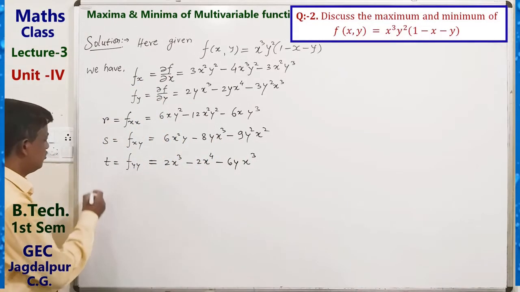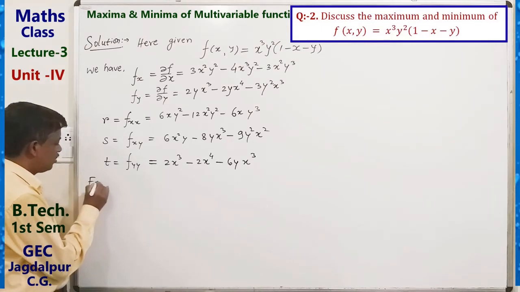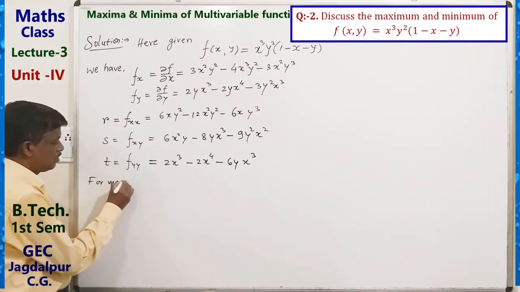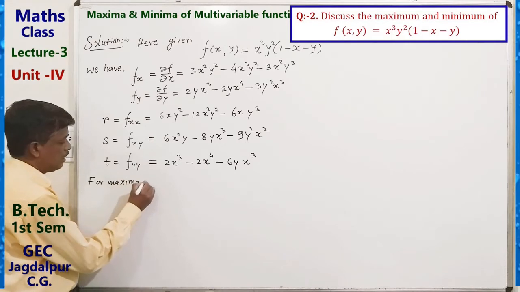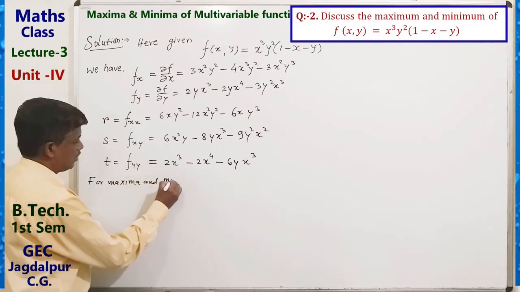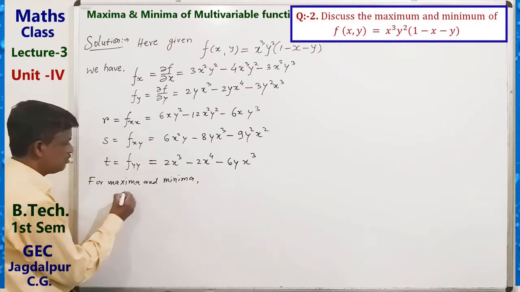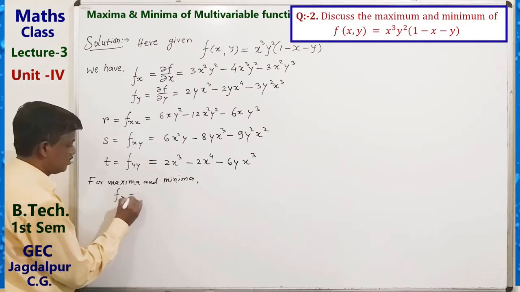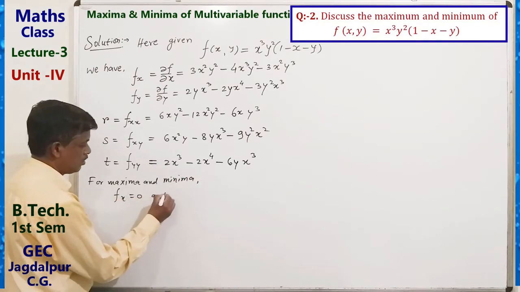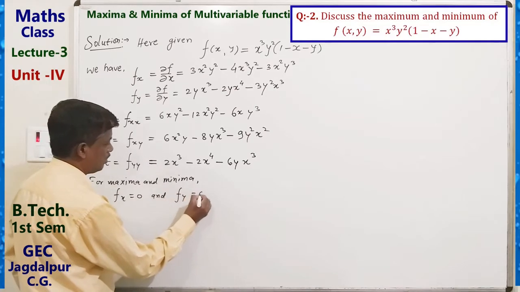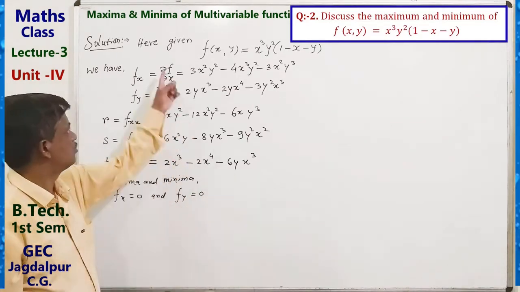Okay, now for maxima and minima, fx equals 0 and fy equals 0. Both should be equal to 0.